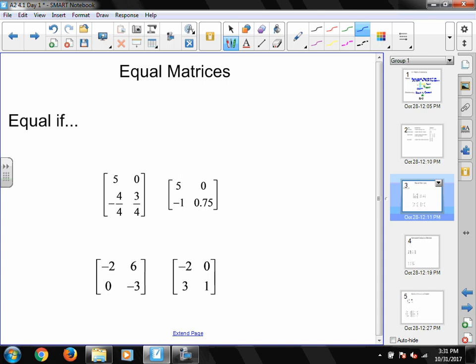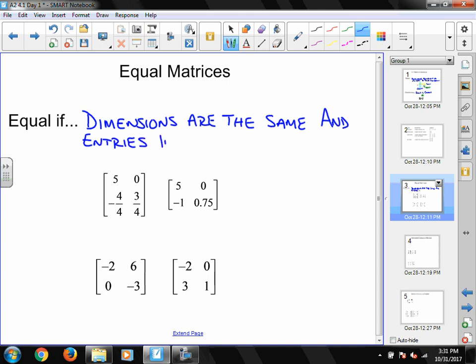They're going to be equal if their dimensions are the same and the entries in corresponding positions are equal.